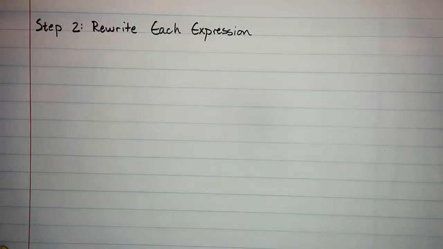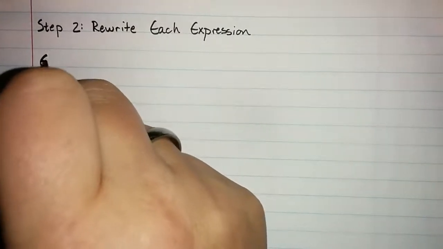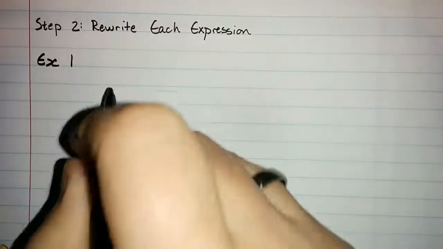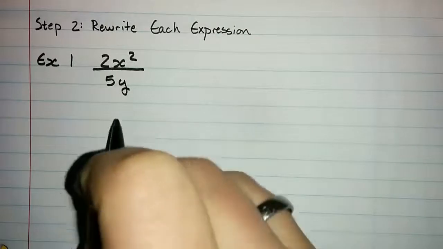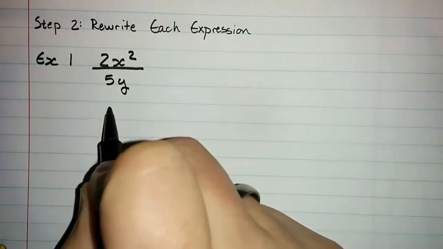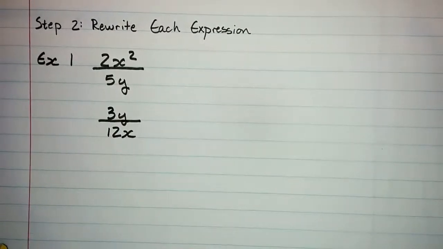Now that we've found the least common multiple of our denominators, we need to rewrite each of our expressions with that least common denominator. So in example 1, we had the rational expressions 2x squared over 5y and 3y over 12x.